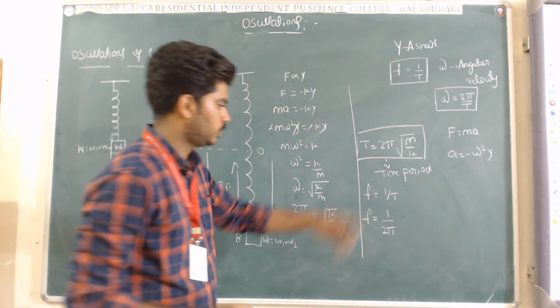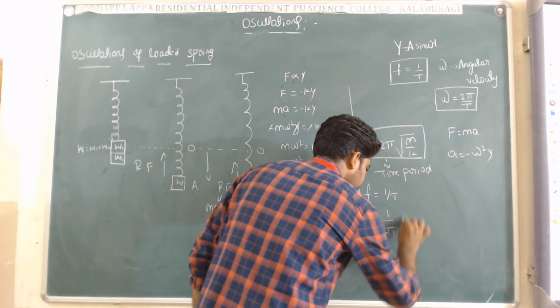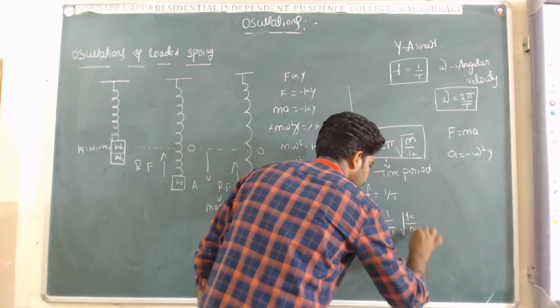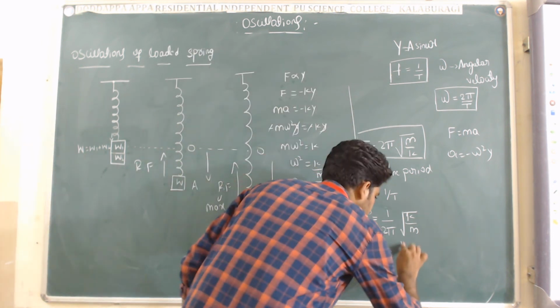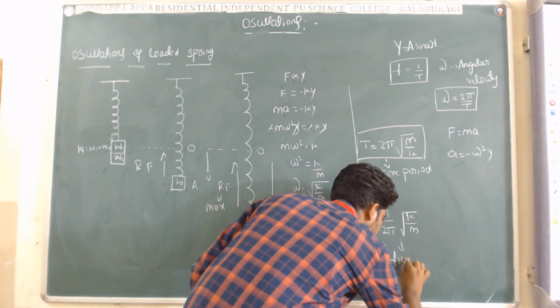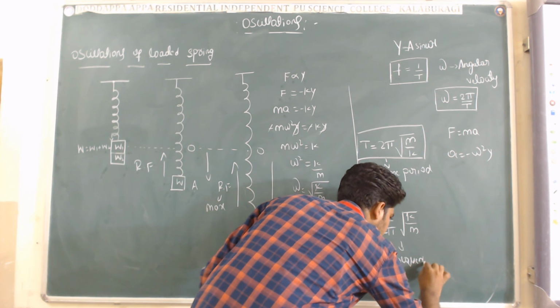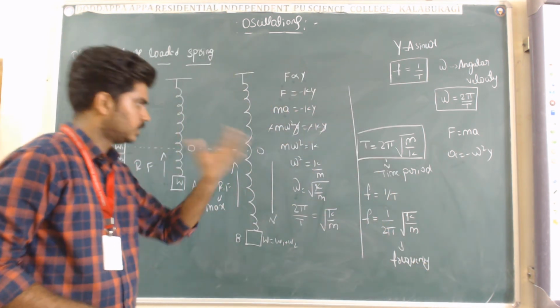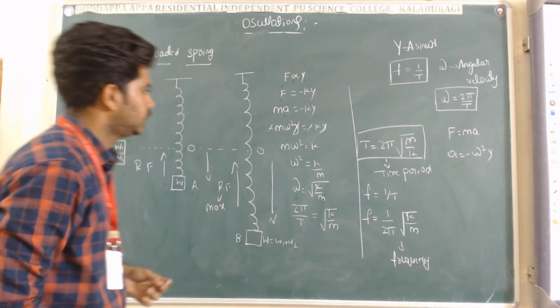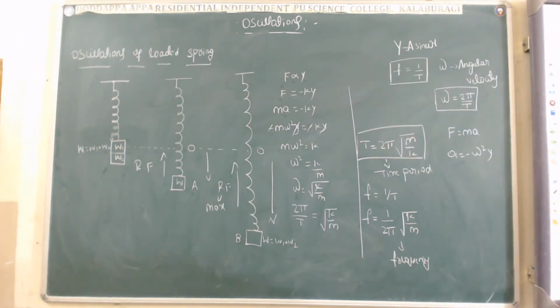If you take the reciprocal, the k will go to the numerator and m will come to the denominator. So this is the frequency. We have got the time period as well as the frequency. Take note of these things. Next we will go to the next concept.